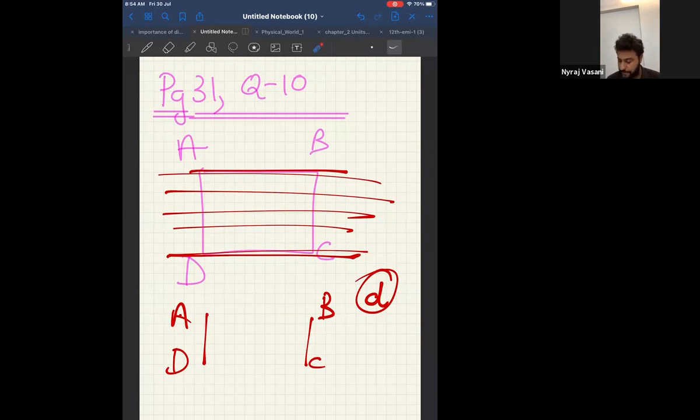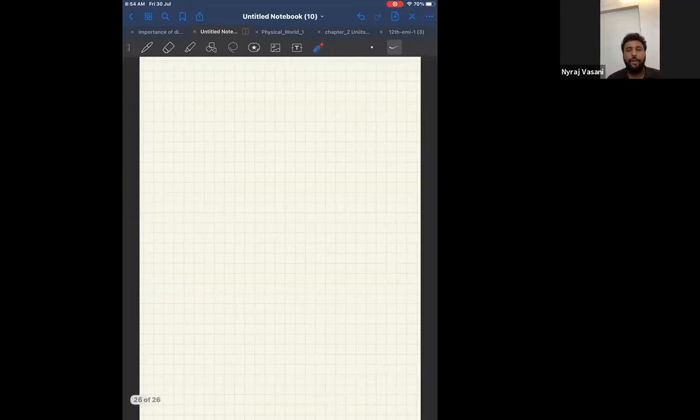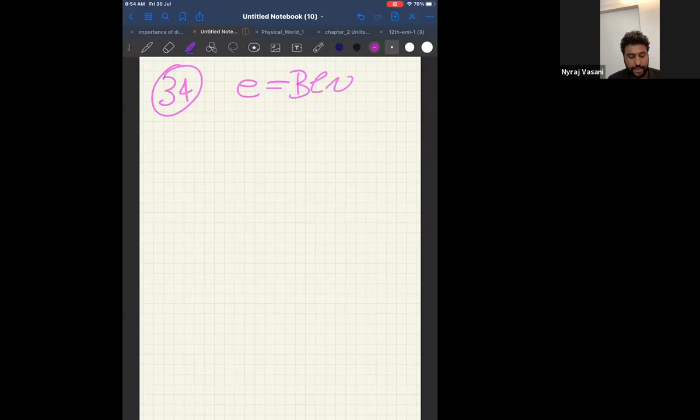Okay. Question number 31, answer is B, 2 ampere. Now, question number 34. Same formula, E is equal to BLV. Quickly give me the answer. Start with that formula and tell me whether you're getting the answer for this.